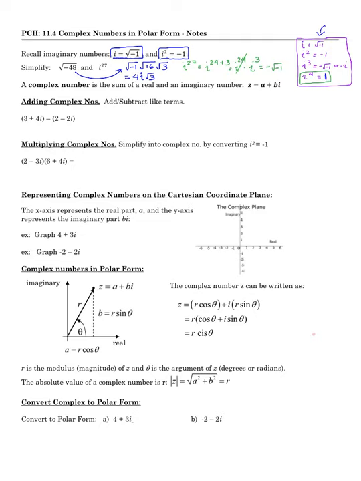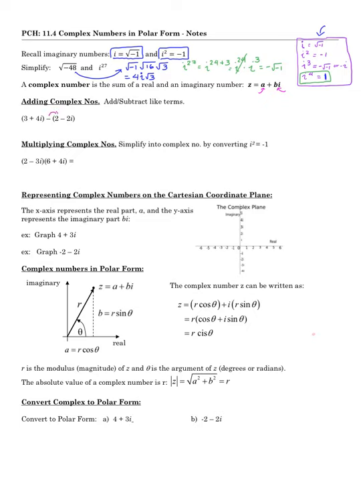So remember, a complex number is a combination of a real part and an imaginary part. And in this particular course, we're going to be calling that complex number z. So if you were adding or subtracting complex numbers, you're basically just adding and subtracting like terms.